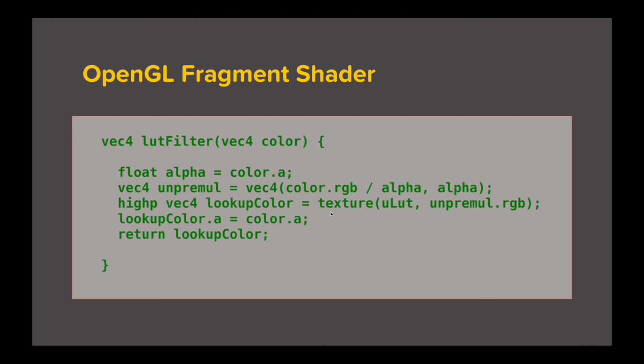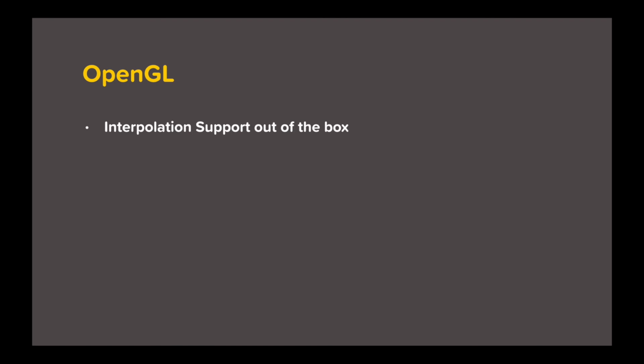Something to keep in mind is that if we bind this 3D LUT in the right way, then we can make use of out of the box trilinear interpolation with this OpenGL texture function. And after getting this lookup color, we return it. This is all that I had to do.